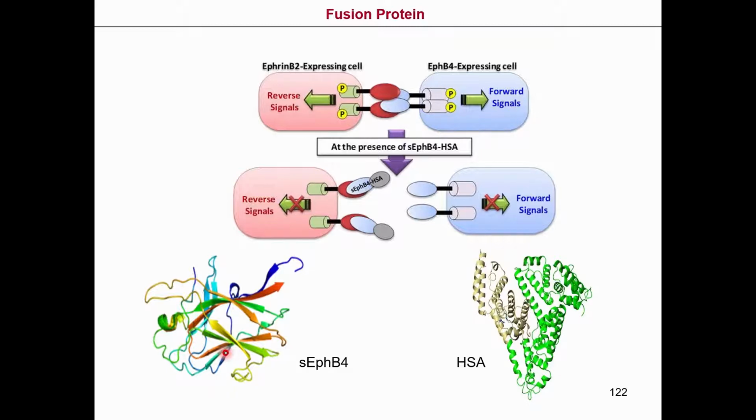And why do we use human serum albumin as a therapeutic drug candidate? It's because you have this protein in high concentration, between 30 and 50 milligrams per milliliter.